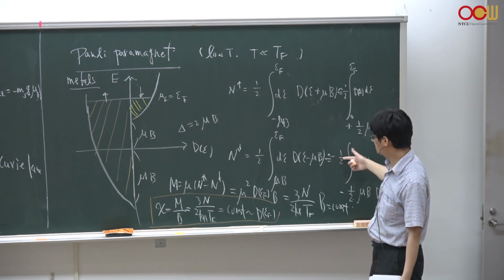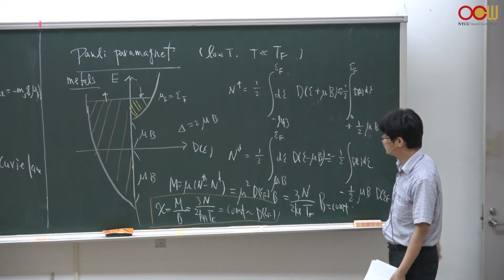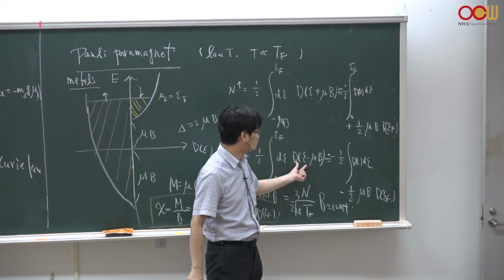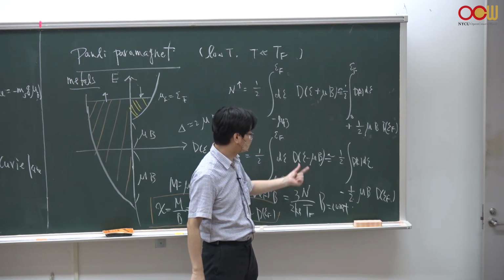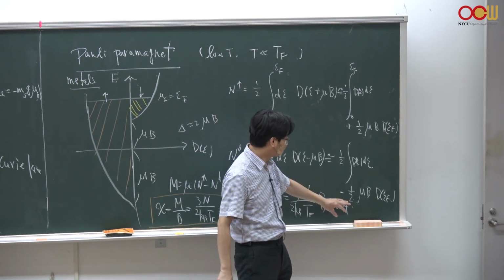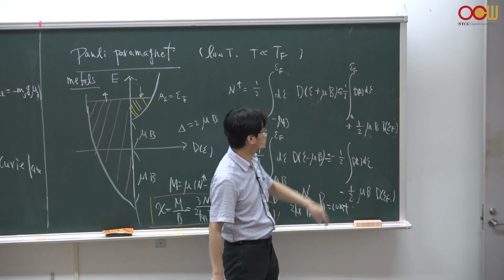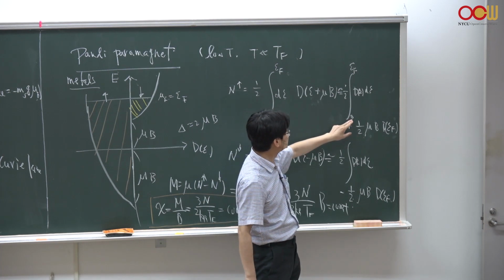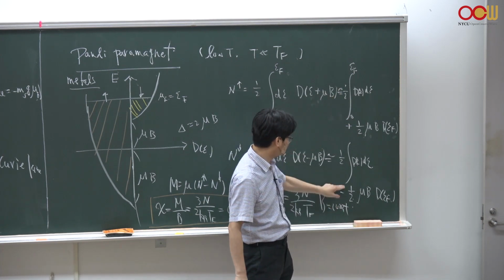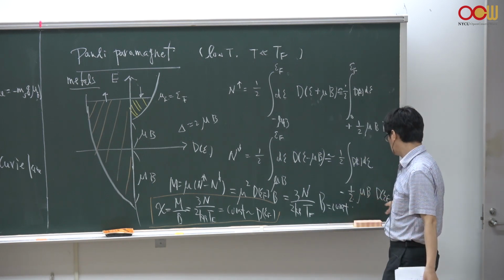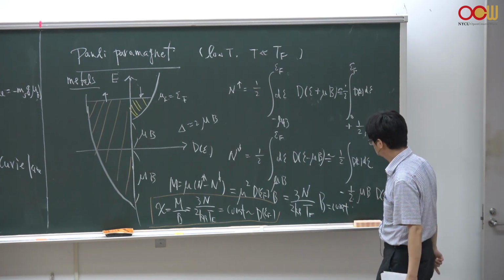Then you could again estimate this from the Taylor expansion of the density of states near the Fermi energy. So this is given by, again, half of the density of states integrated from 0 to the Fermi energy, minus the same amount.